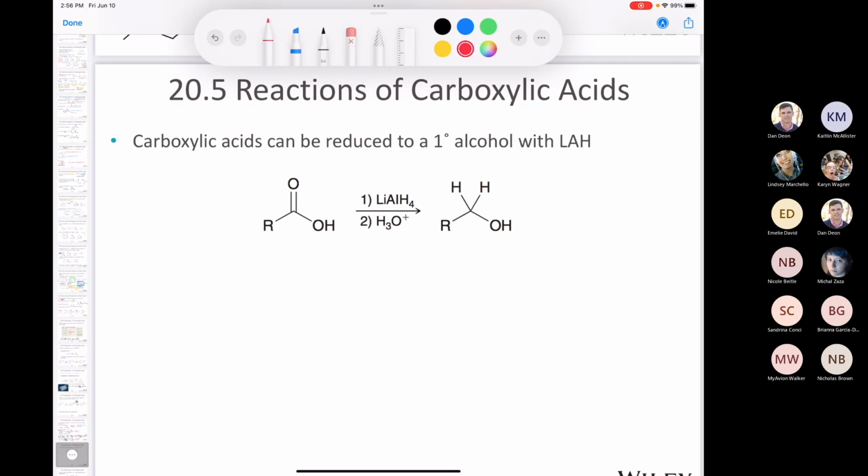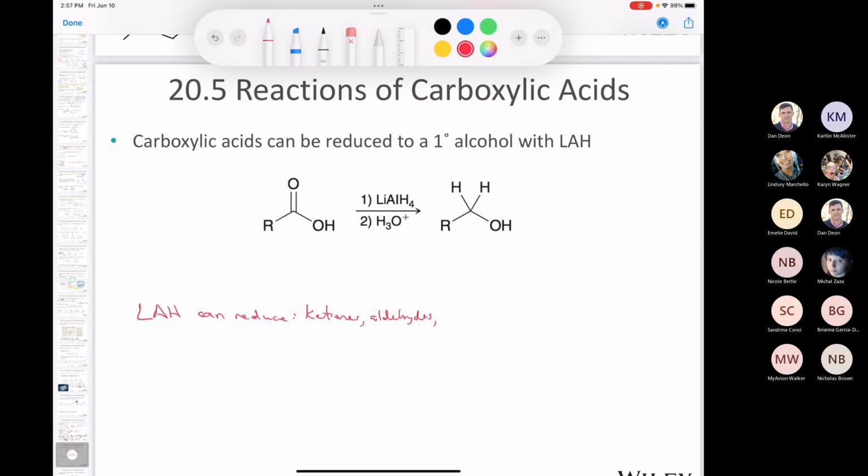But earlier on, we talked about lithium aluminum hydride reduction, didn't we? And we said that lithium aluminum hydride, let's write it down here, LAH, can reduce ketones, aldehydes.